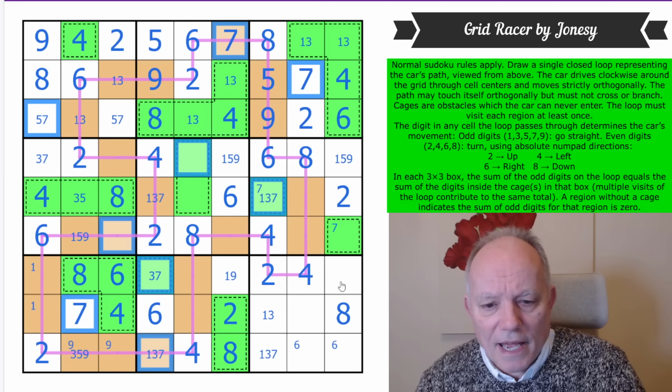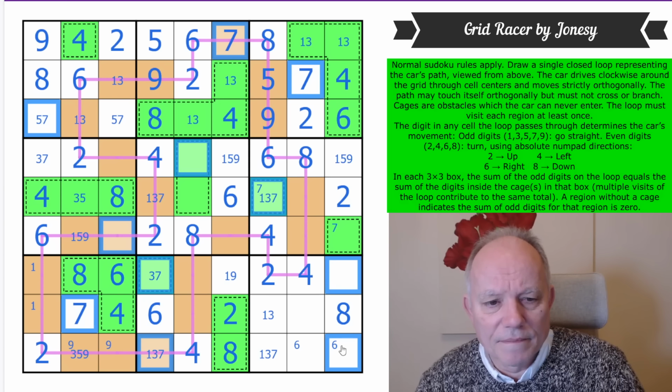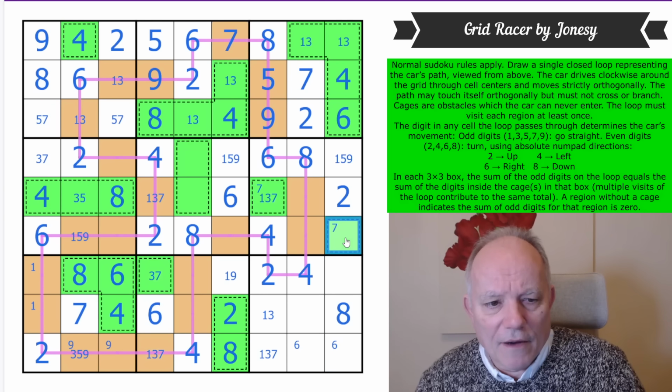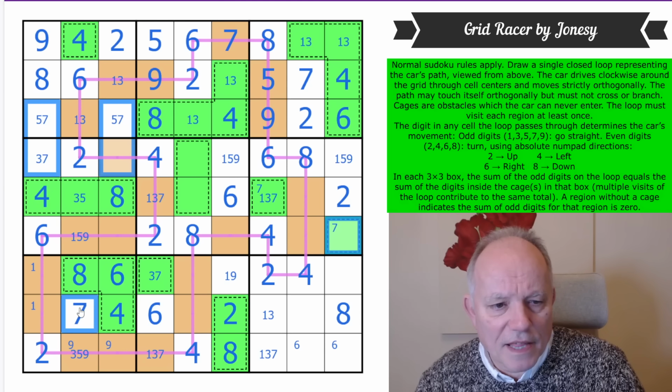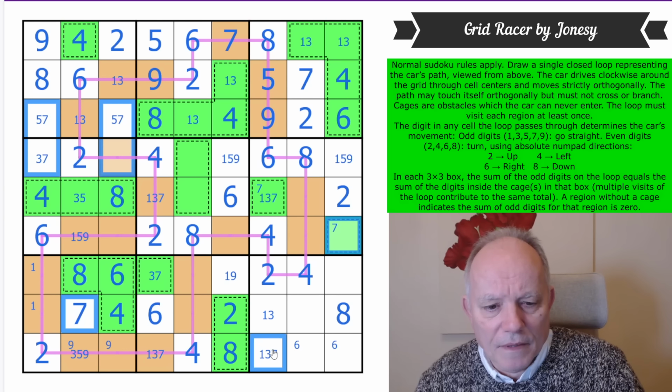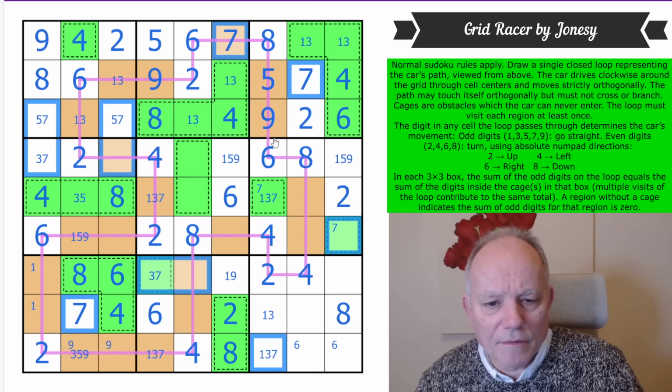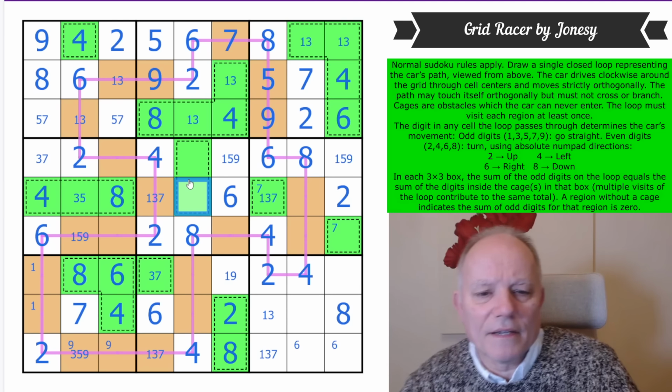Then we'd have a little X-wing on 7s down here. That seems fine. However, if that's a 7, we've got an X-wing on 7s there. That's a 7. One of those two, obviously these are already in place. I don't think it resolves again. I don't think it does.